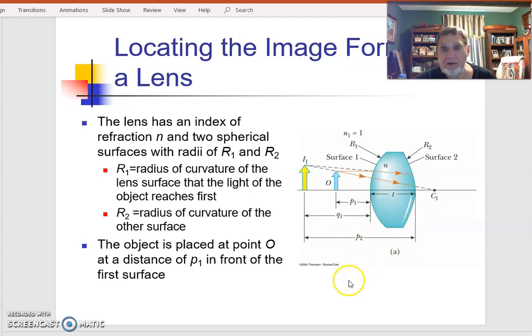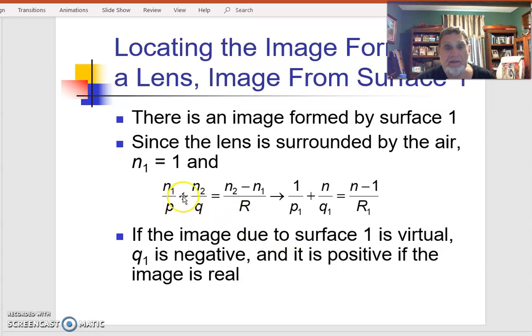We're going to have a final relationship between our initial object distance, P1, and our final image distance, and it's going to involve the indices of refraction. N1 is just air, N2 is our glass, so this equation simply becomes this equation.